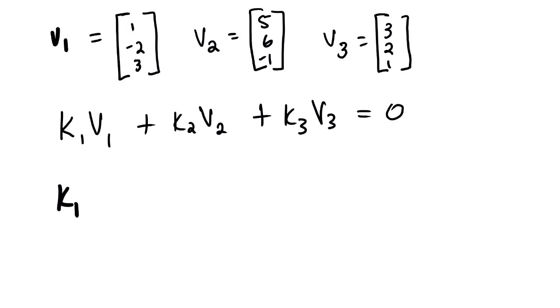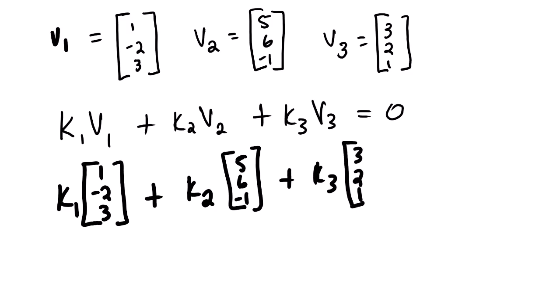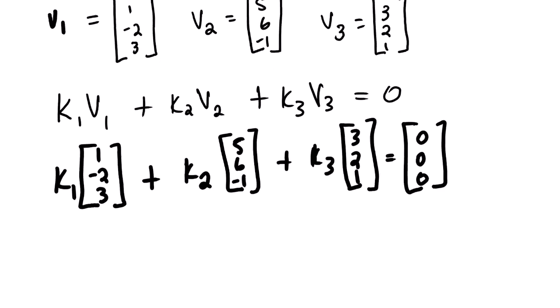Now we have k1 times v1, which is (1, -2, 3), plus k2 times (5, 6, -1), plus k3 times (3, 2, 1), equals the zero vector.